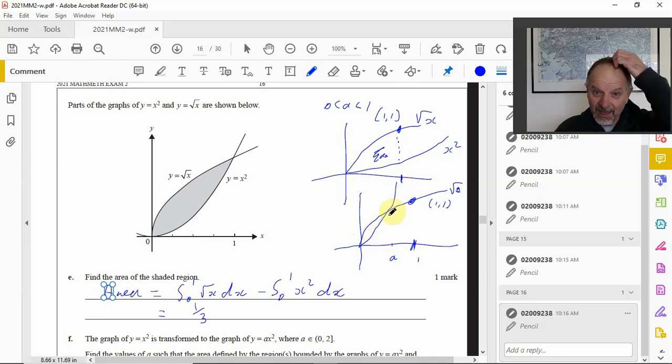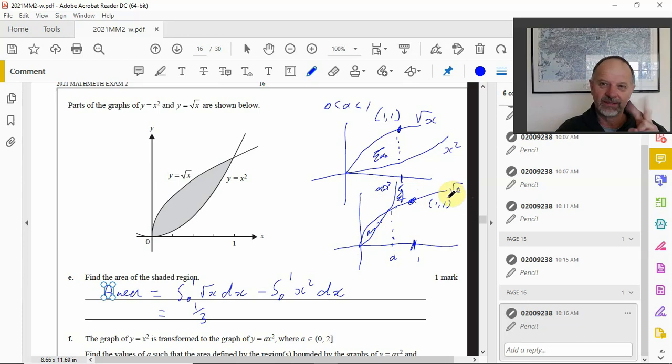And so up to a, the upper one is the root minus the lower one, which is the x squared, or the ax squared. But between a and 1, the upper one is the ax squared, because we're wanting this area, and the lower one is the root x.